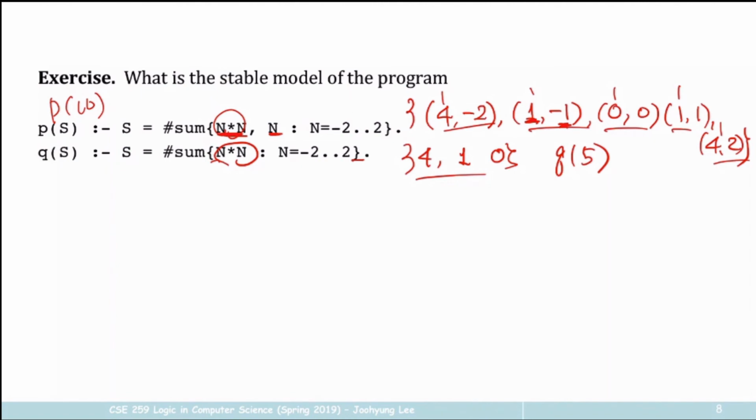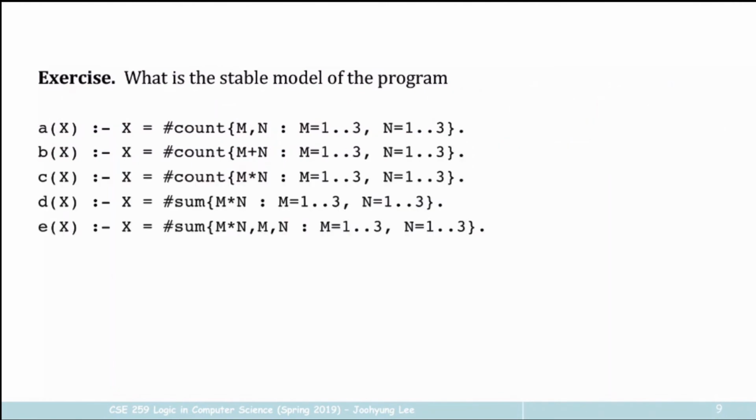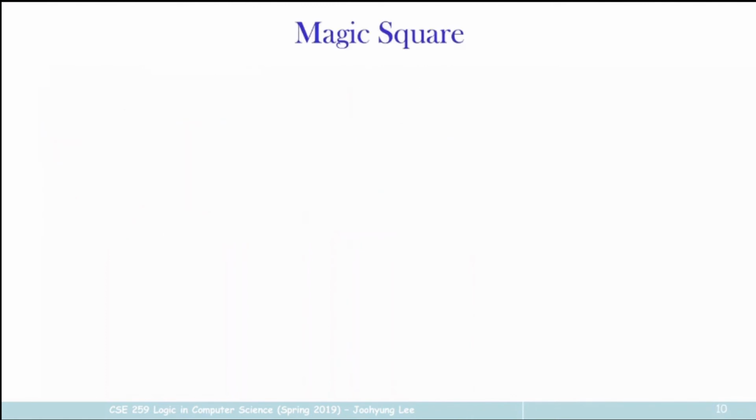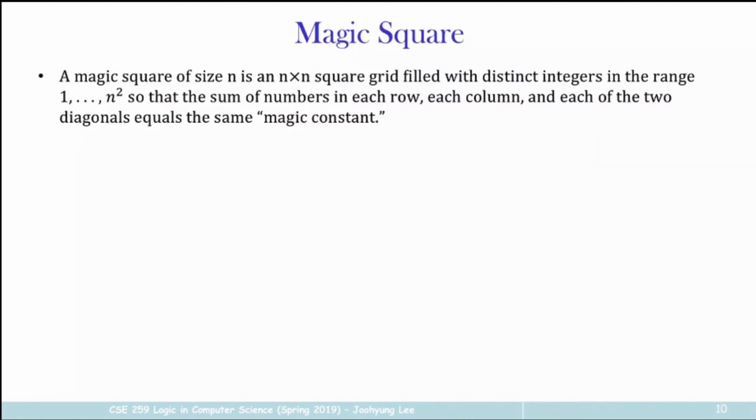So how do we do that? We write the second element to distinguish that 4, -2 is different from 4, 2, so that when we sum over, we are counting it twice. So that's what we have here. This is an exercise problem. You can check it using Clingo, but try to do this by yourself and see whether Clingo returns the answer that you expected.